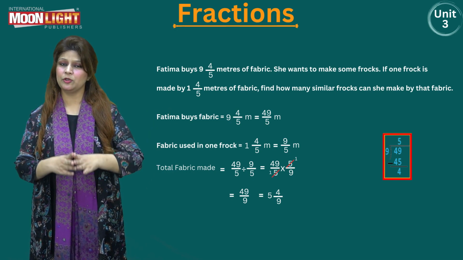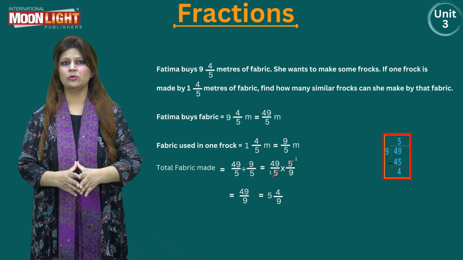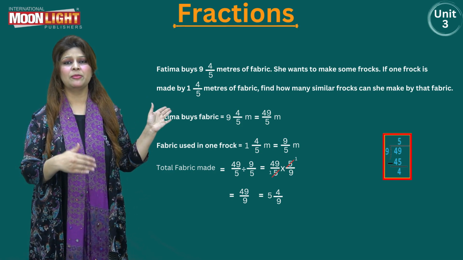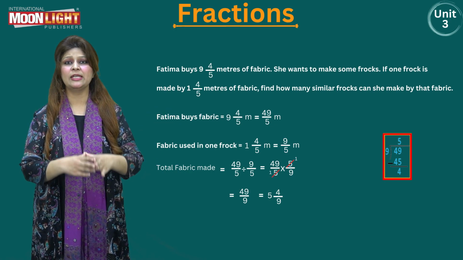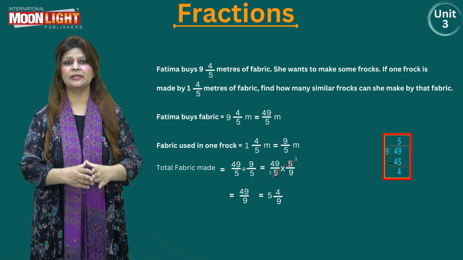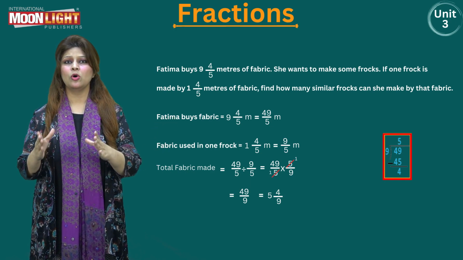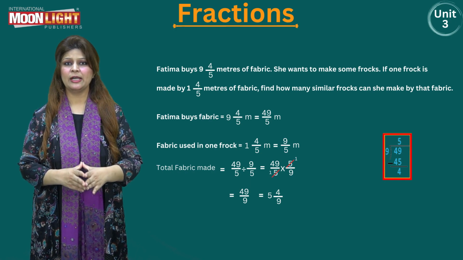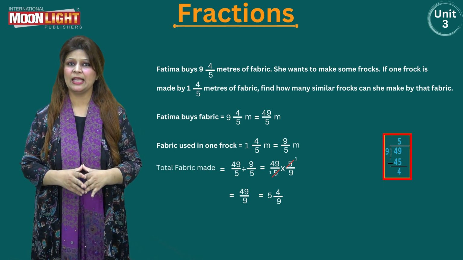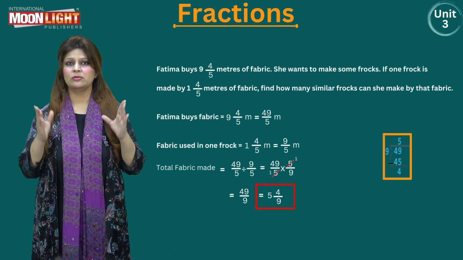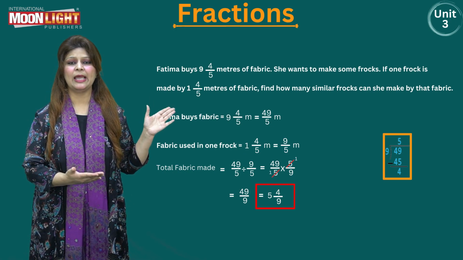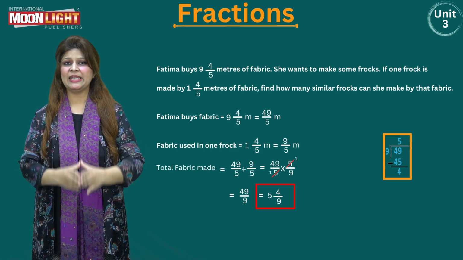I can also do this by the long division process, putting the number 49 inside and 9 outside. 9 5s are 45. By subtraction, I get the remainder 4. So Q whole R by D. Here Q is 5, R is 4 and D is 9. So I'm going to write the mixed number as 5 whole 4 by 9. So this is my complete answer.